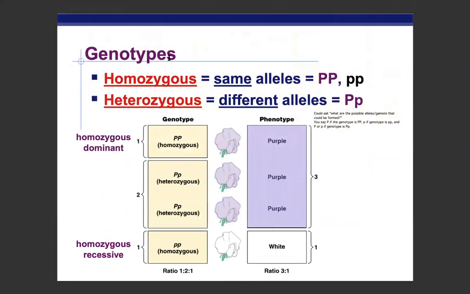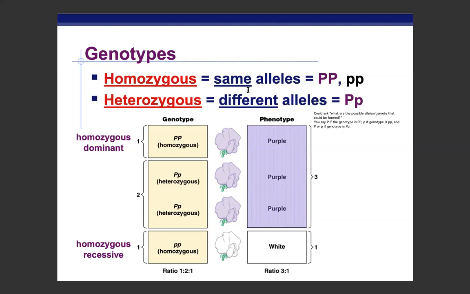The terminology, I'm sure by now you know, but if you don't, homozygous means that the alleles are the same. And for homozygous, you need to specify homozygous dominant or homozygous recessive, because it can be dominant or recessive. Both of them have the same alleles.